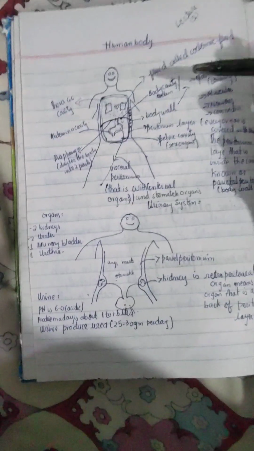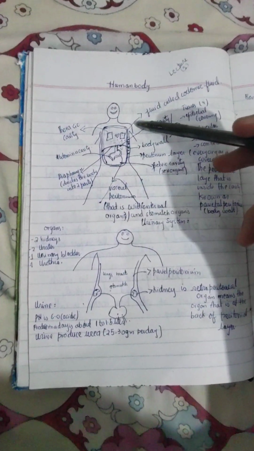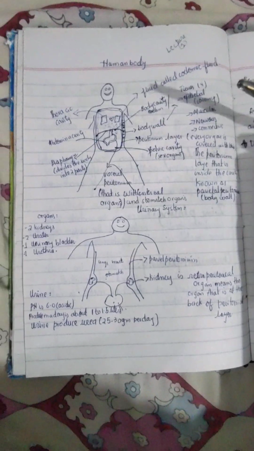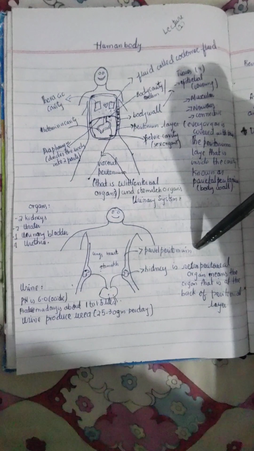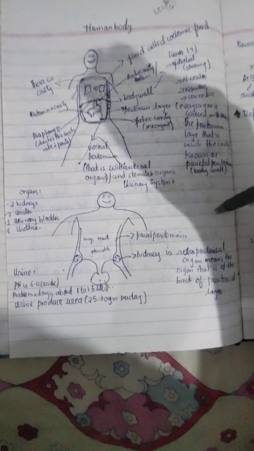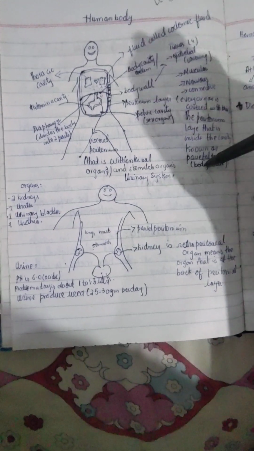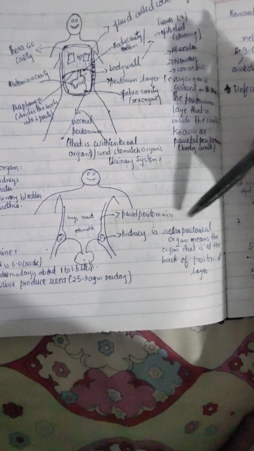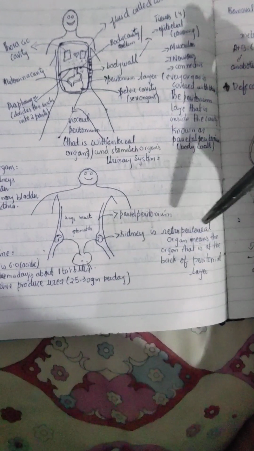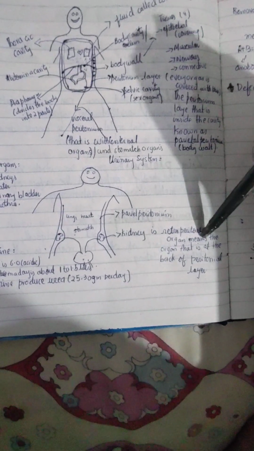As I told you, the covering of the body is the peritoneum covering, or you may say the parietal peritoneum. Every organ is covered with this parietal peritoneum, but the kidney is the only organ that is outside of this parietal peritoneum covering, and that is known as retroperitoneal. It is written that the kidney is a retroperitoneal organ, meaning an organ that is at the back of the peritoneal layer.